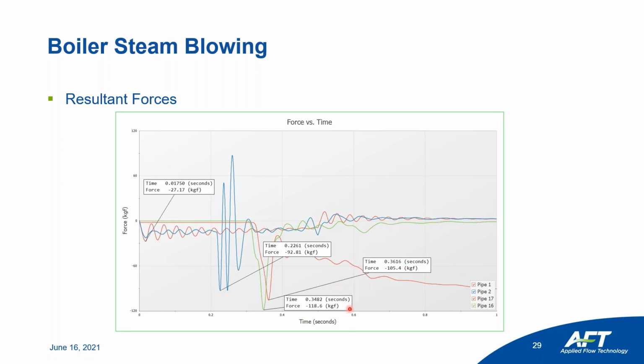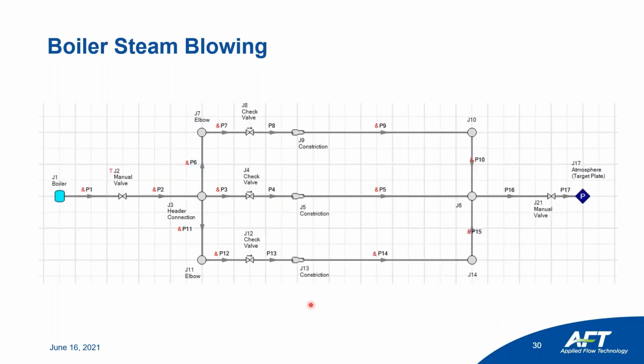And for pipe 16, the pipe before pipe 17, is 118. So now we see the system. We can see the loads in pipe 1, pipe 2, pipe 16, and pipe 17. And now we can design the supports to handle these loads.